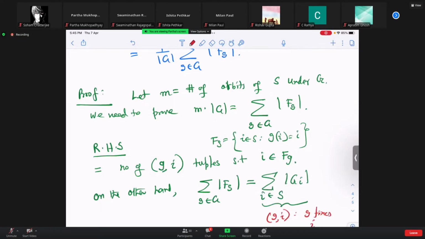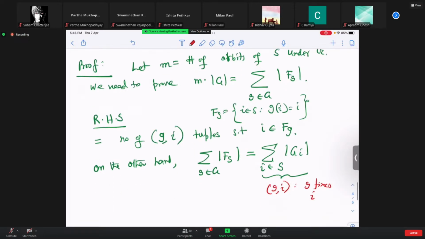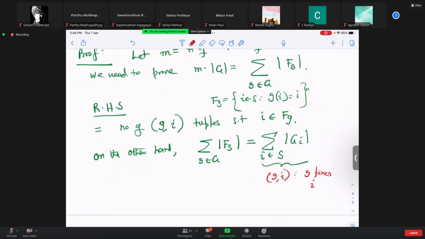I'm just looking at the same thing from two sides, one from the F side and one from the stabilizer side. Right? So that implies the sum over g of |F_g| is equal to the sum over i of |G_i|, and now you know by the orbit stabilizer lemma that this is the same as |G| divided by |orbit of i|, by the orbit stabilizer lemma.